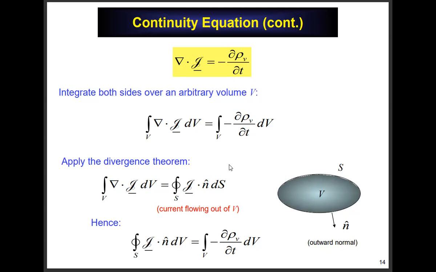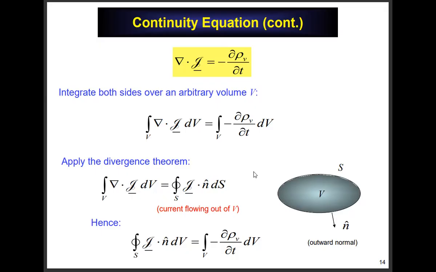It relates a volume integral of the divergence of something, I called it A, an arbitrary vector function, here it's the J vector, to a surface integral. The divergence theorem says the volume integral throughout a region of the divergence of anything is the integral over the closed surface S of that something, the J here, dot the outward normal. Okay?